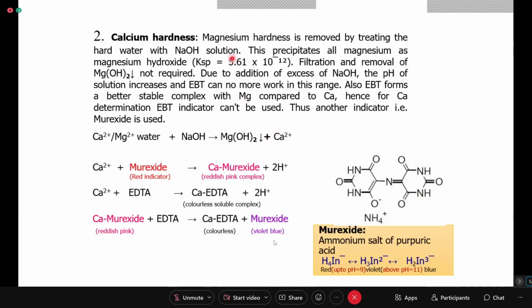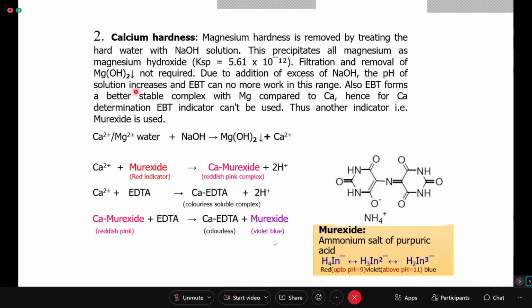So you have masked the magnesium, or magnesium has been removed, and you can now determine calcium. For this you are provided with a concentrated, that is 2 or 4 normal, NaOH solution, which precipitates the magnesium as magnesium hydroxide, Ksp 10 to the power minus 12, and filtration and removal is not required, so there is no need of filtration.